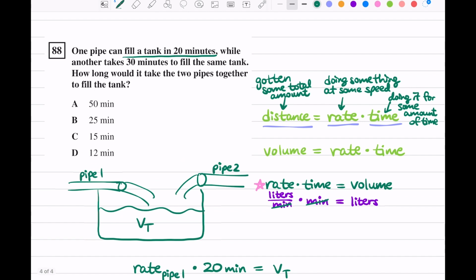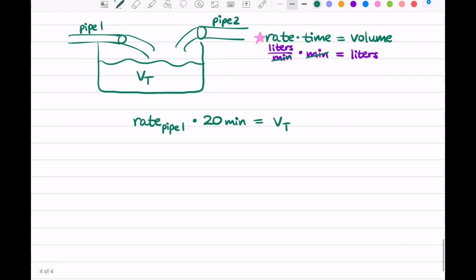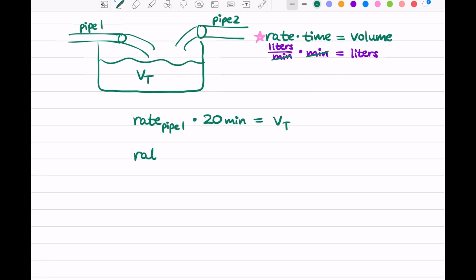They said pipe 2 can fill the tank in 30 minutes. So let's write a similar equation for that. Pipe 2 is going to fill the tank at some rate. We'll put the subscript pipe 2, and it's going to fill the tank for 30 minutes, which is going to lead to our total volume.